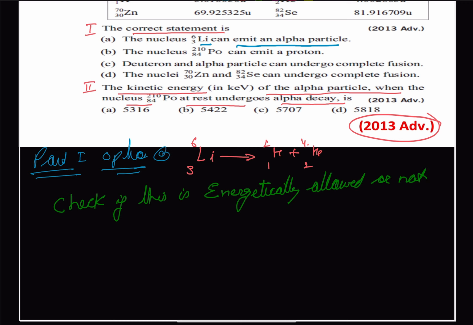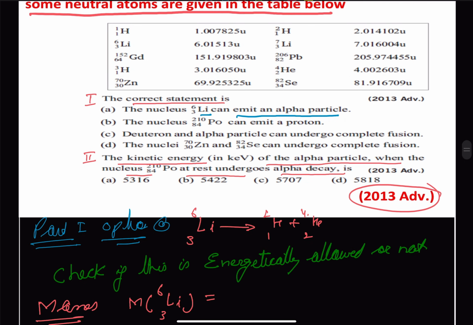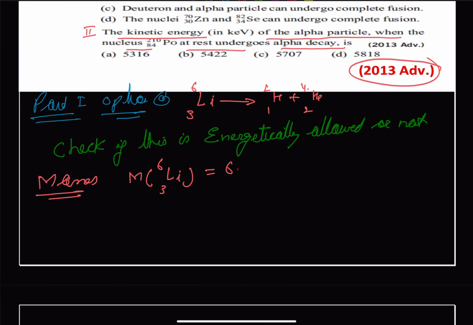For that, we are going to use the respective masses because they are given. On the left hand side, we have the mass of lithium 6, which is given as 6.01513 AMU.